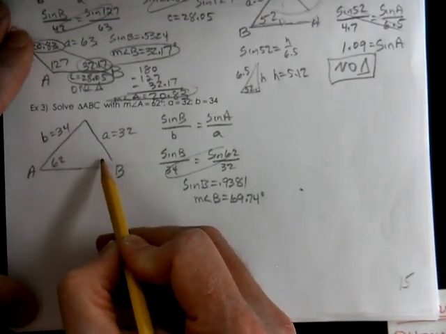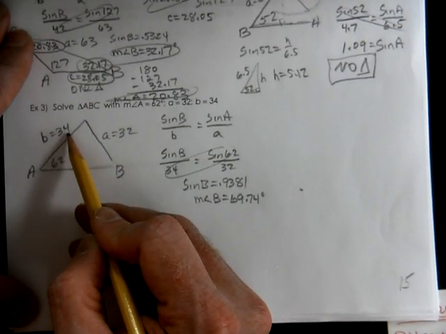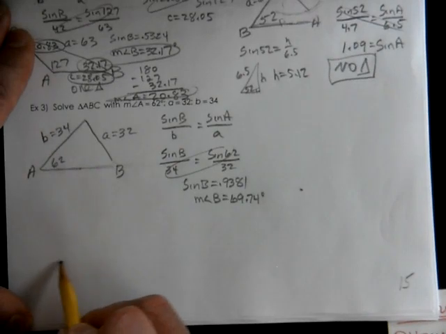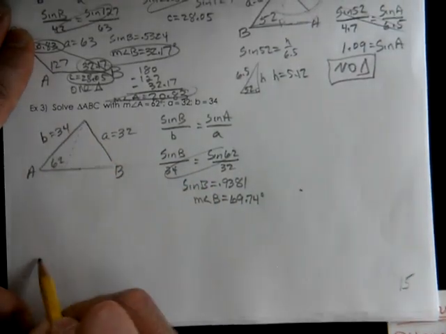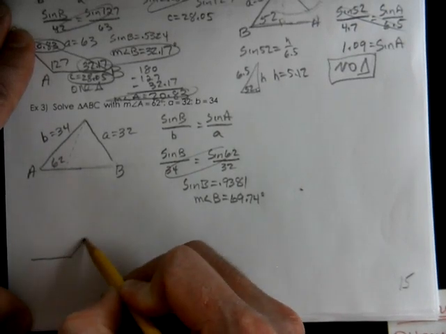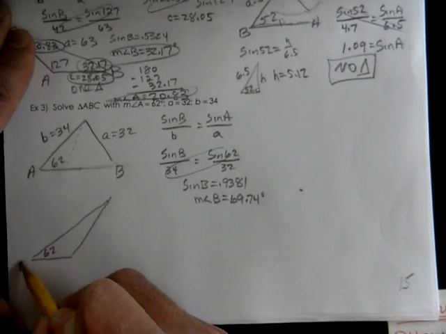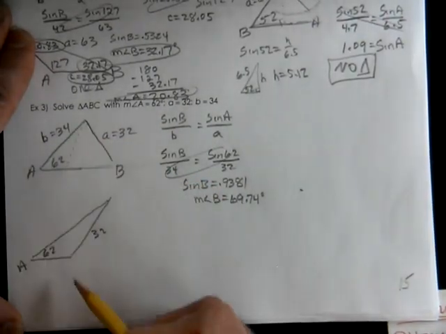If this is a 69.74 degree angle and the opposite side is smaller than this, then we have to have a second triangle. We're going to be able to swing this back over. We have the 62. We have the 32 that swung this way.